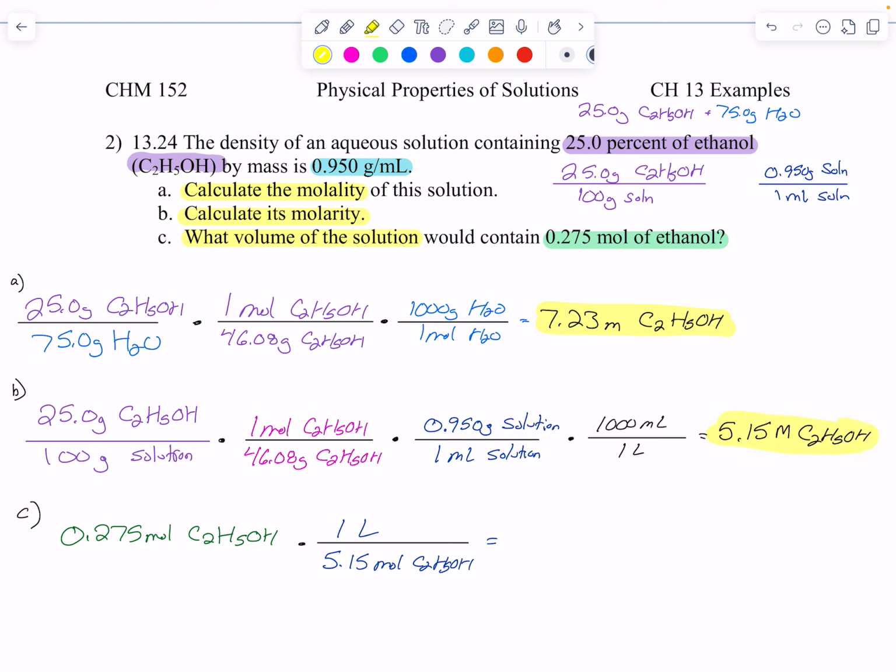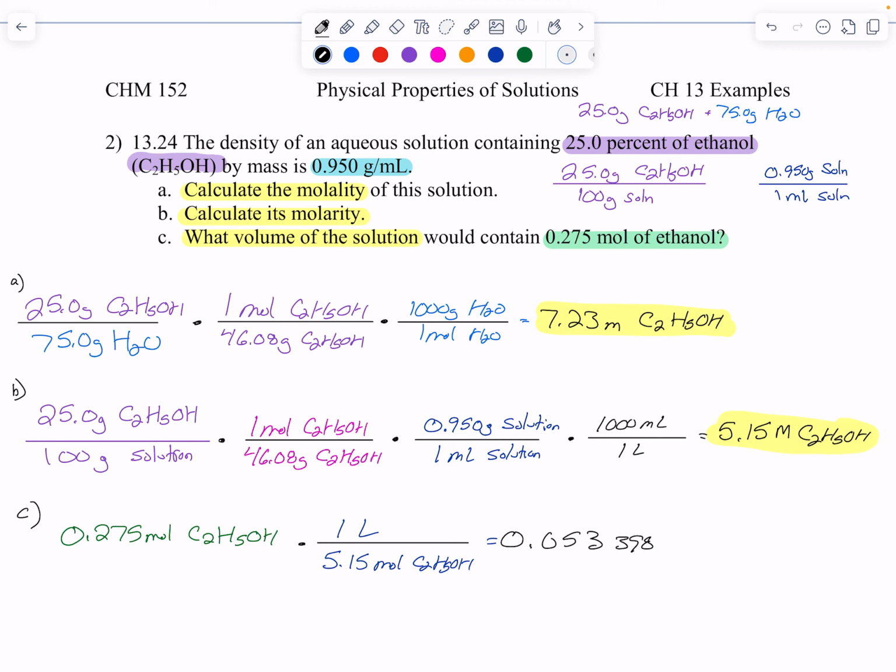Fix that. All right, so if we do this math, I got 0.275 divided by our 5.15. Nope, let's try that again. I got 0.053398, and it keeps going.